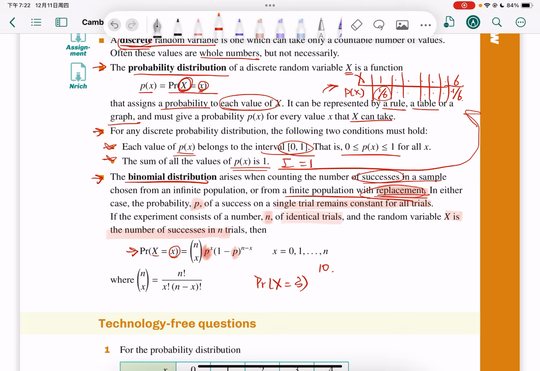If we get 3 of them out of 10 trials, then we can write it as chosen from 10.